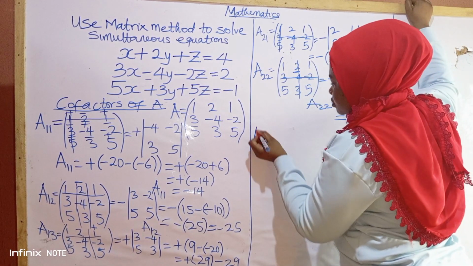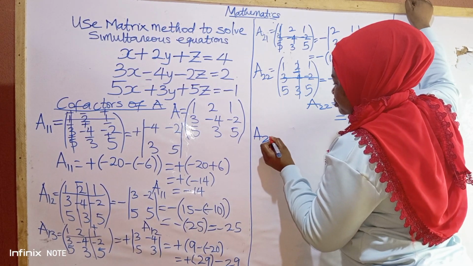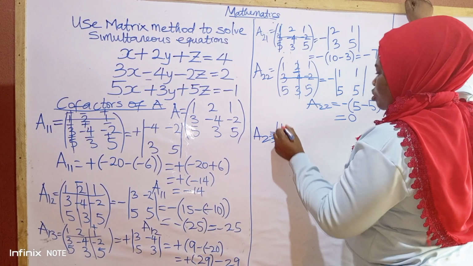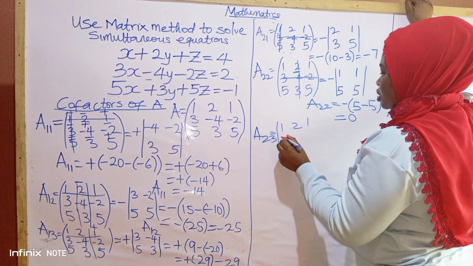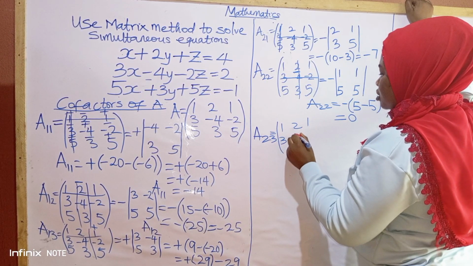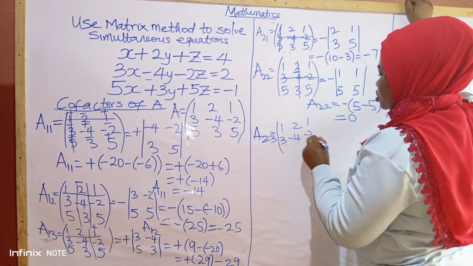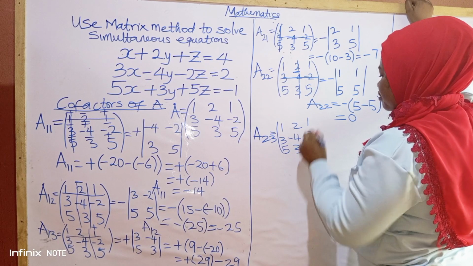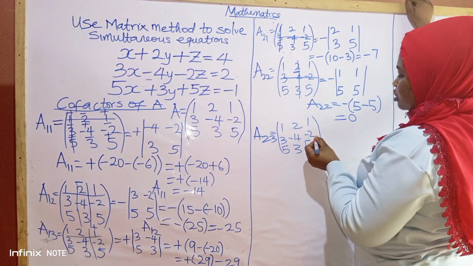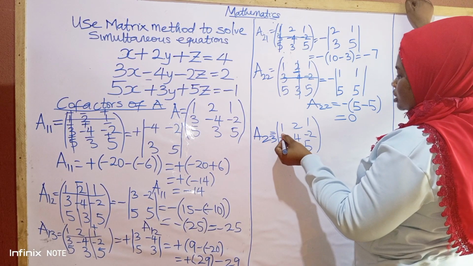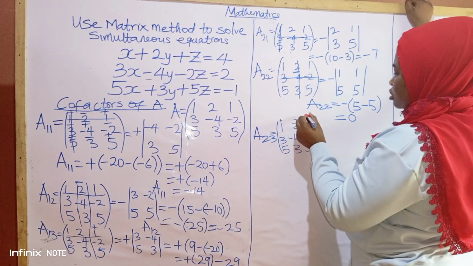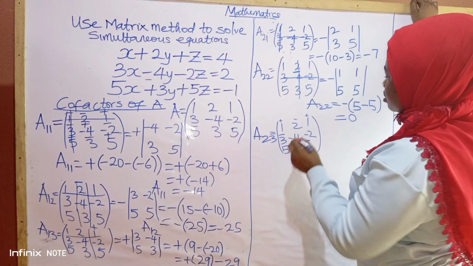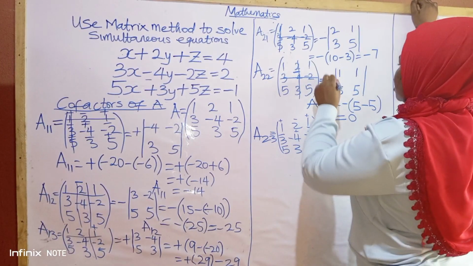So here A23 will be equal to 1, 2, 1, 3, minus 4, minus 2, 5, 3, 5. So this is A23. So this is plus, minus, plus, minus, plus, minus. So this is plus.